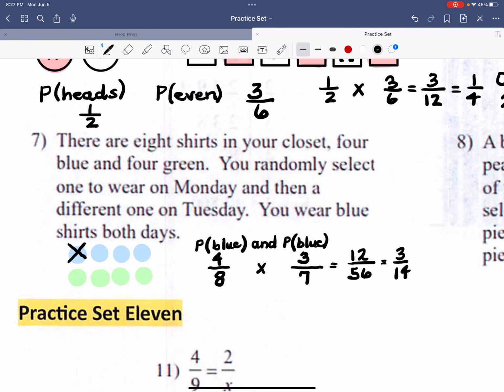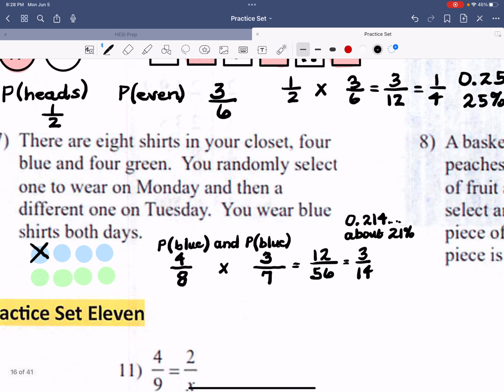If you do 3 divided by 14, you will get 0.214 and a bunch of other stuff. So I'm going to call that about 21% chance that that situation would happen. Pretty good chance. Not a great one, but not bad.